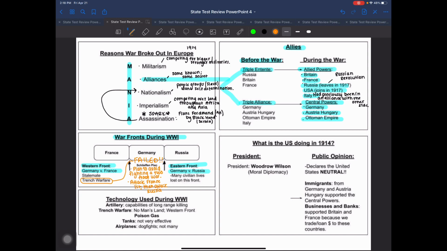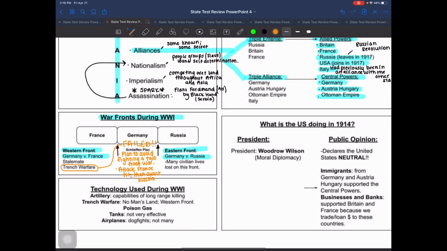All right. Down here, as far as technology goes, I have all the technologies listed there. Artillery, again, trench warfare. We got no man's land, that was on the Western Front. Poisonous gas. Tanks, even though they weren't very effective, we thought that they were going to help. I say we thought. Our allies thought they were going to help tremendously over the trenches.